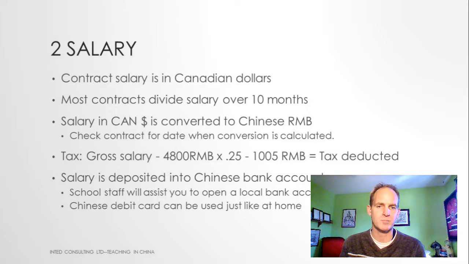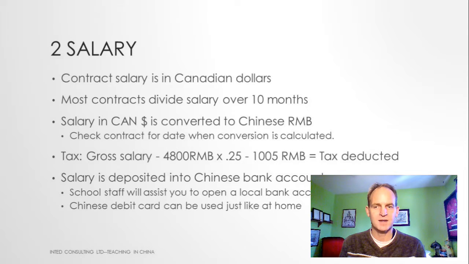That's what people are paying these days. So people often ask, how much will I pay tax? Well, it's not an easy answer. On paper, every teacher will fall in the 25% tax bracket, but the actual amount of tax deducted will be more like somewhere under 20%, say 17, 18, or 19%.